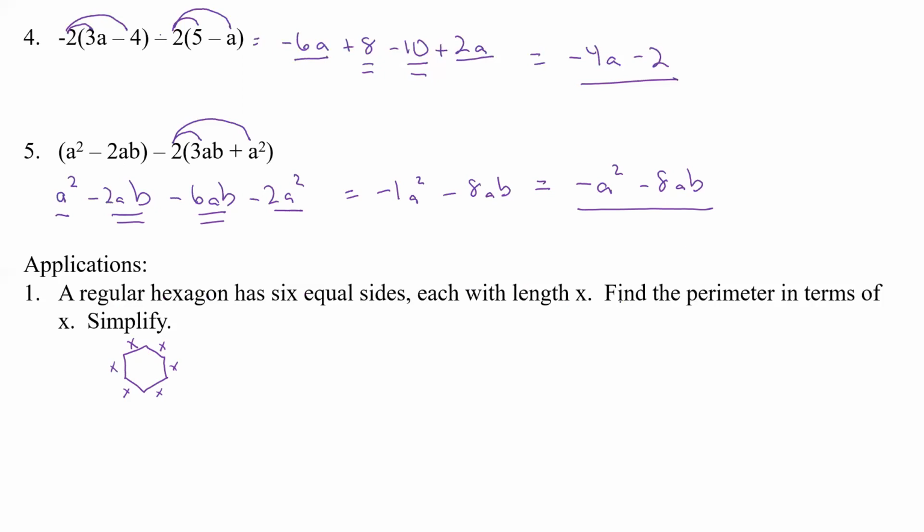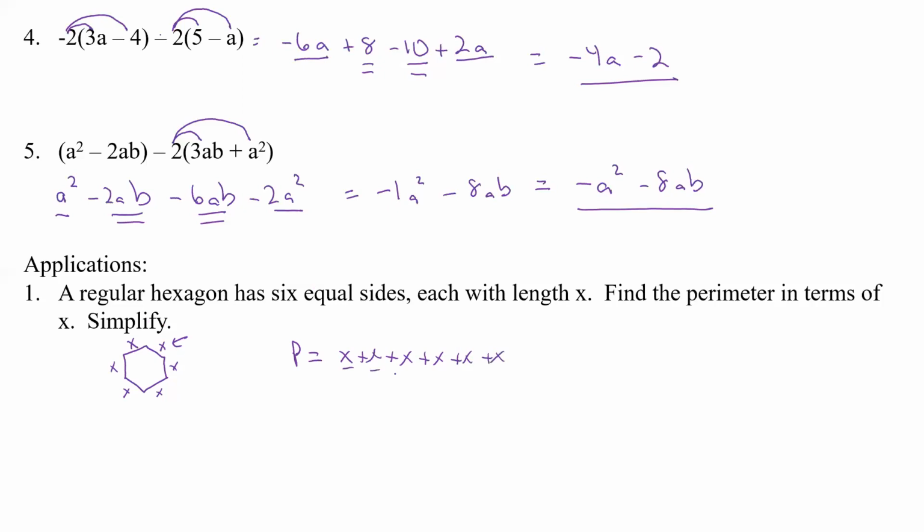So we're just kind of drawing as we go. Now it says, find the perimeter in terms of x and simplify. Well, perimeter, we're just going to go around and add up. So let's start here. That's x. Then we have plus x, plus x, plus x, plus x, plus x. And we're back to the start.